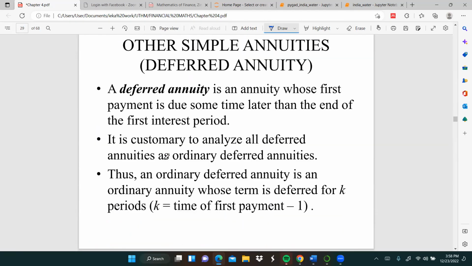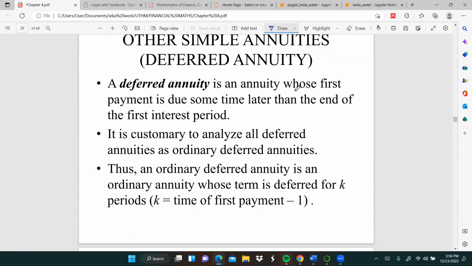Deferred annuity is an annuity whose first payment is due sometime later than the end of the first interest period. It is customary to analyze all deferred annuities as ordinary deferred annuities, and thus an ordinary deferred annuity is an ordinary annuity whose term is deferred for K periods. So K is equal to the time of first payment minus 1.